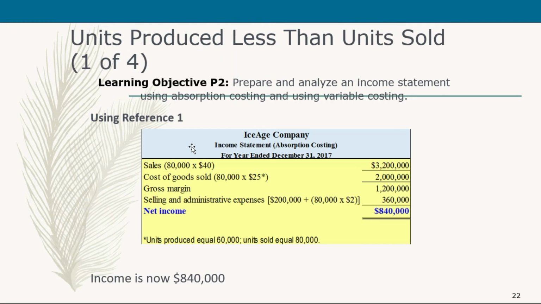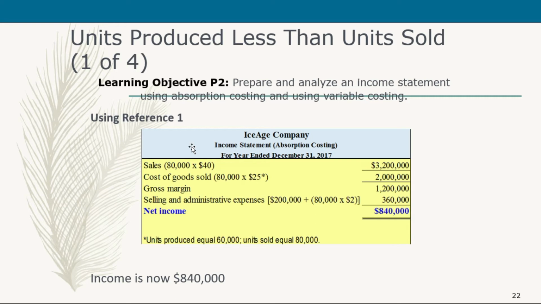Next scenario, what if your units produced is less than your units sold? Please do remember that we use again the reference problem wherein we have produced 60,000 units, and in this scenario we sold 80,000 units. So what will happen in this case? If you can recall, in 2016 we have an excess of 20,000.